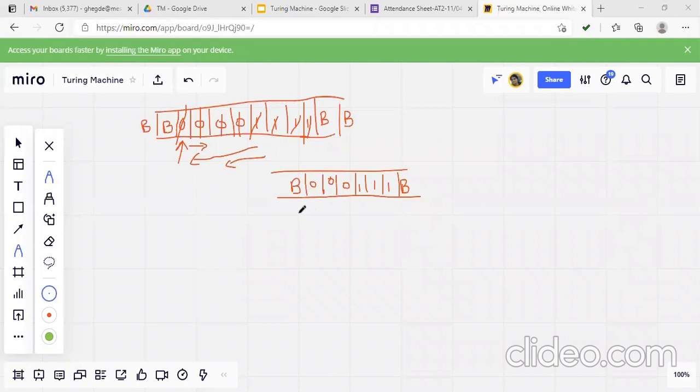Okay. What we'll do in the Turing machine, we'll start from the first symbol. Okay. We'll start from the first symbol.